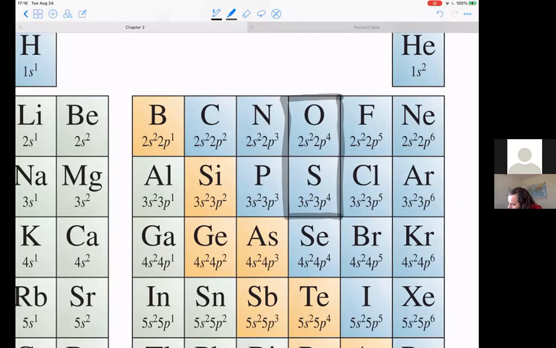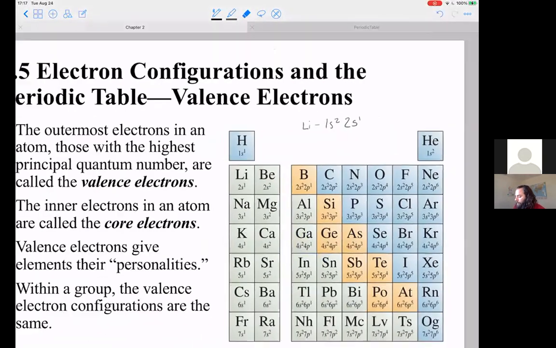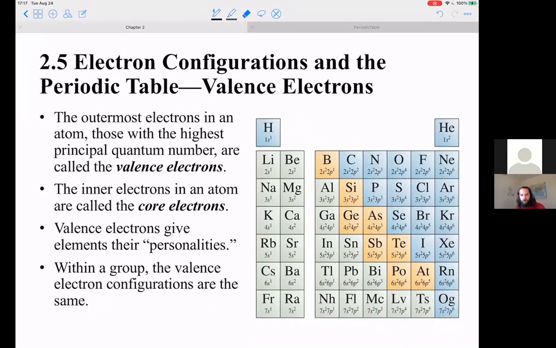Likewise, sulfur, even though it has a higher principal quantum number of 3, it still has 6 valence electrons because it has 2 3s and 4 3p. Okay, so this is this concept of whatever your highest energy, or what we think of as outermost electrons, the number, again, it falls on the periodic table.